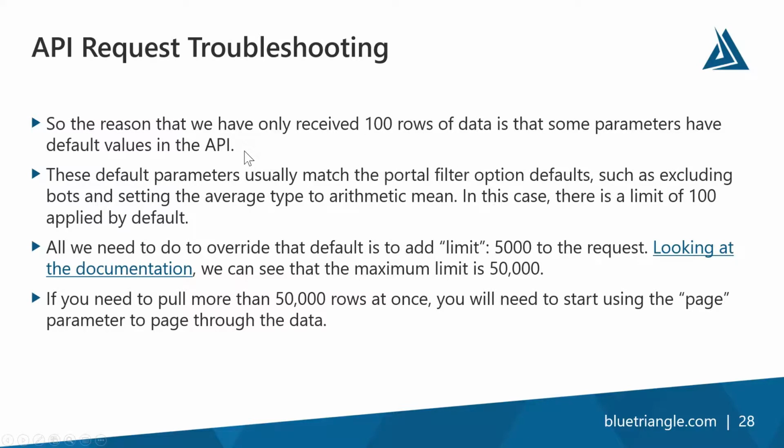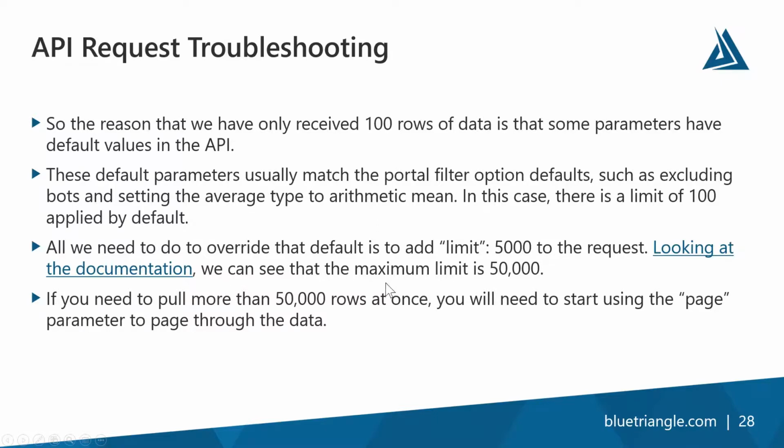As we get into troubleshooting this, the reason we only received 100 rows of data is because of some default values in the API. Much like the Blue Triangle portal, where you see defaults like exclude bots and the average type is arithmetic, in this case the API has a default limit of 100. To override this, you can add the limit parameter and specify 5,000 to the request.